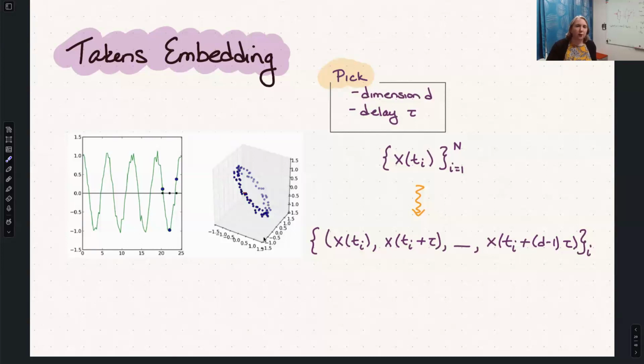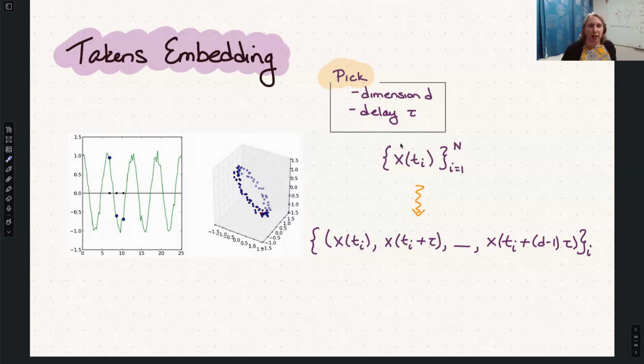The idea is that if you take all of these points and put them together, with good choices of d and tau, you can get a point cloud representation of whatever's going on with your underlying dynamical system, where figuring out the right delay tau is its own art form. But for the purposes of today, let's assume that I've just done a good job of that via whatever measurement process I'm deciding. Okay.